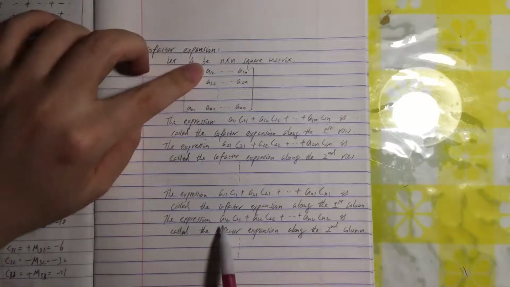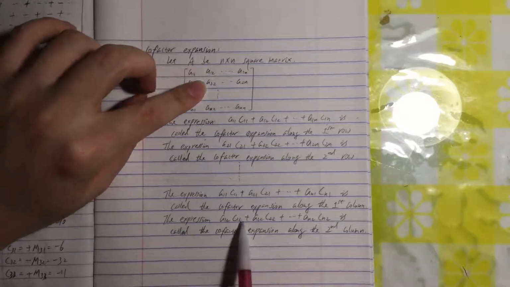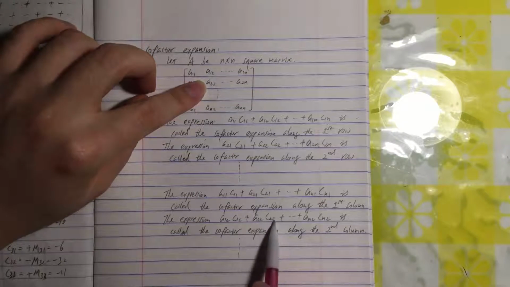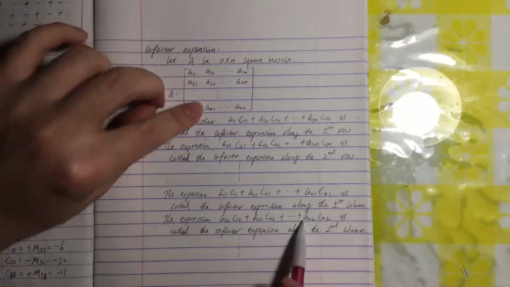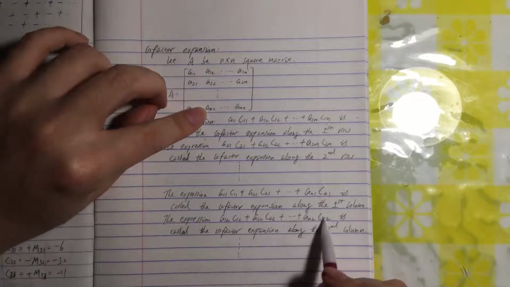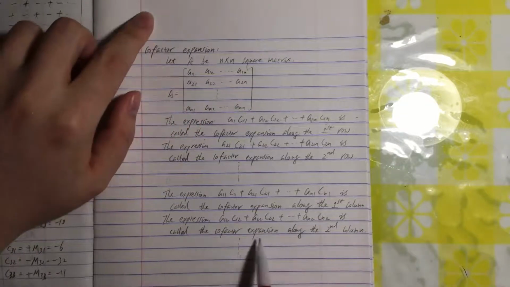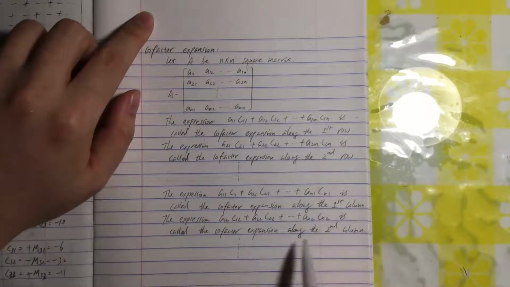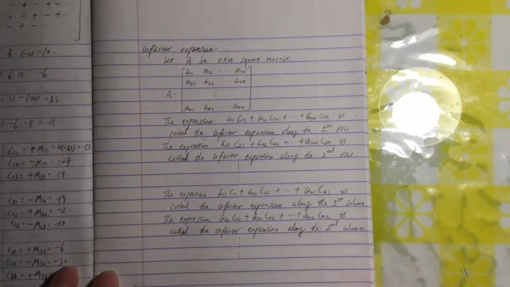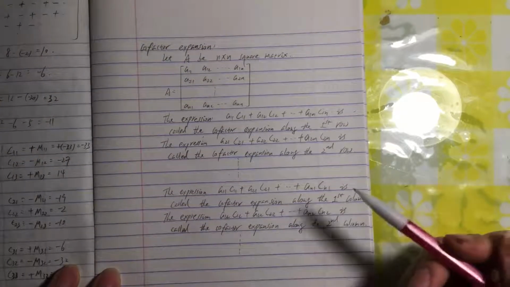The expression A12 C12 plus A22 C22 plus ... plus An2 Cn2 is called the cofactor expansion along the second column. That's how we define cofactor expansions.